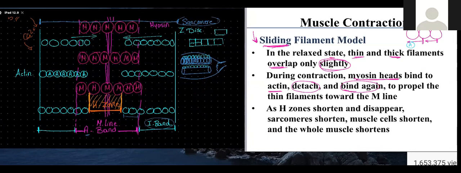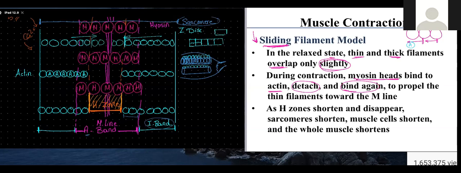What was the H zone by definition? It is the part occupied only by the thick filaments, which are not overlapped with thin filaments. So when you are pulling those thin filaments towards the M line, rather than having them stopping at this point, they will keep moving like this.